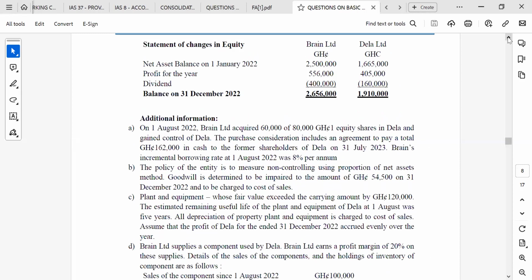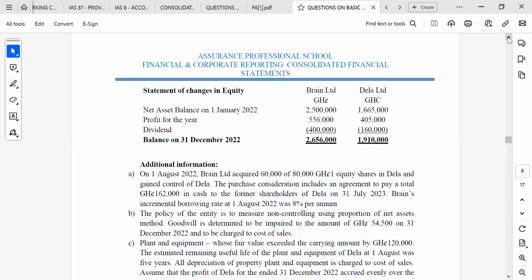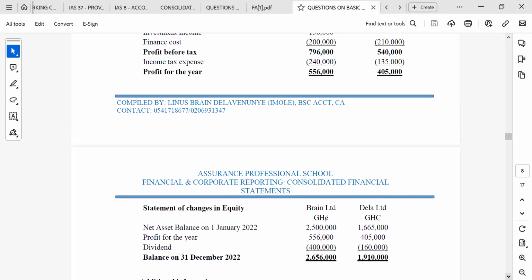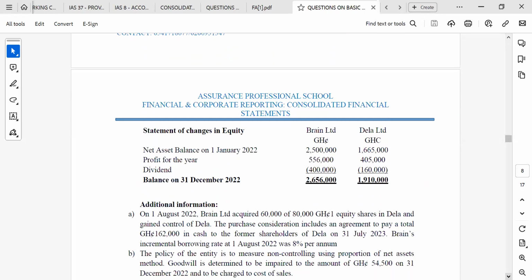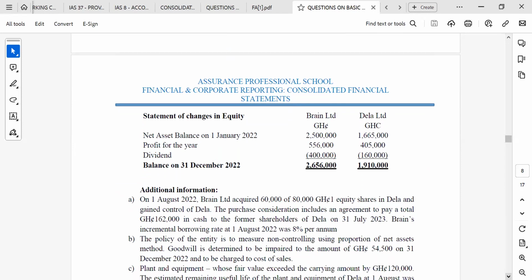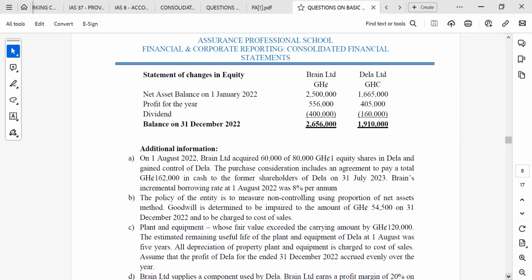So let's move on. Footnote B. The policy of the entity is to measure non-controlling interest using the proportion of net asset method.